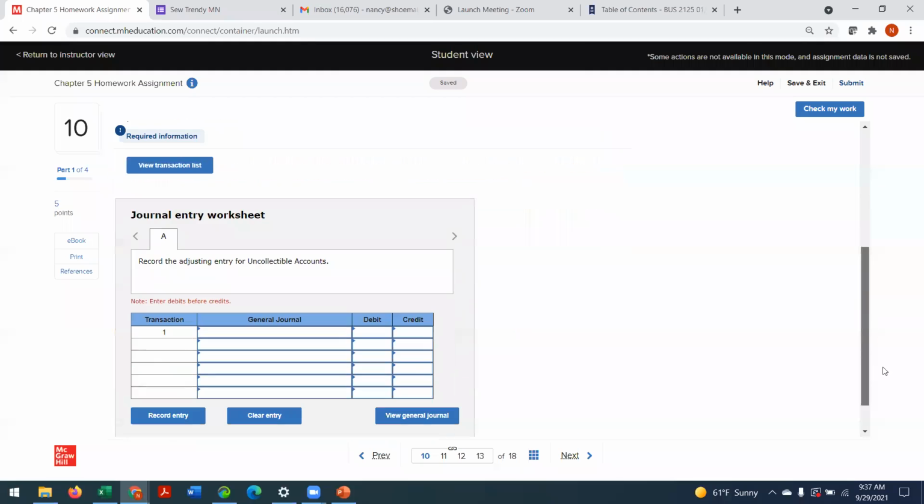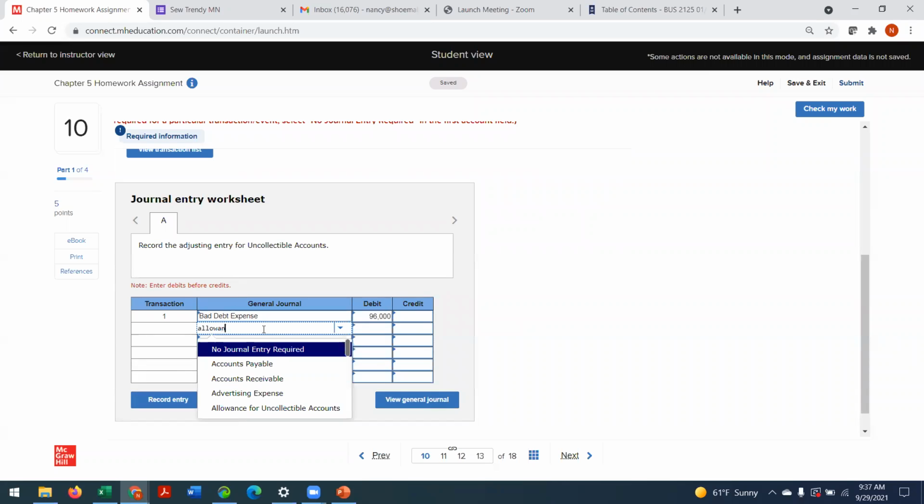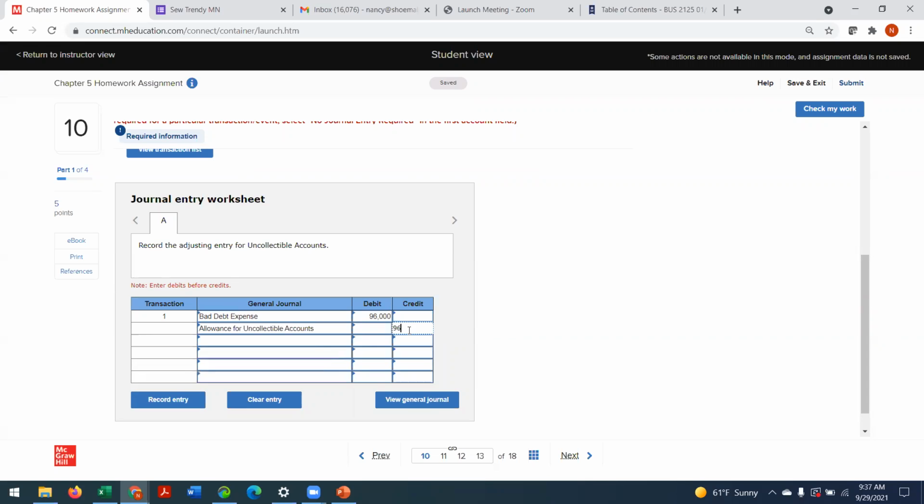So we would show bad debt expense, 96,000, and allowance for uncollectibles of 96,000.